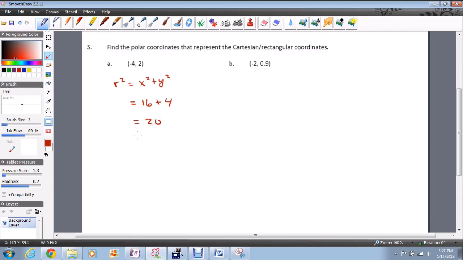You get 20. Square root of 20 is approximately 4.47. But sometimes I'll give exact answers, so remember that this is just the square root of 4 times the square root of 5, which is just 2 square roots of 5.